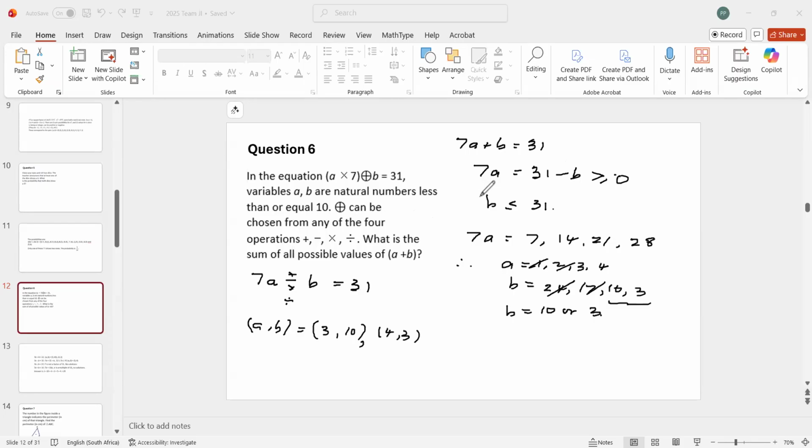Okay, now that is for the plus sign. So I'll finish with this. Must now look at the minus sign. And there you got 7A minus B is equal to 31. So what are the possible values?